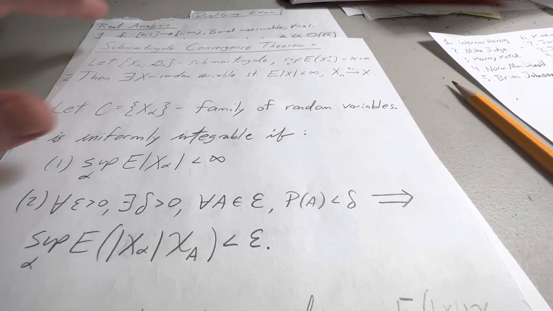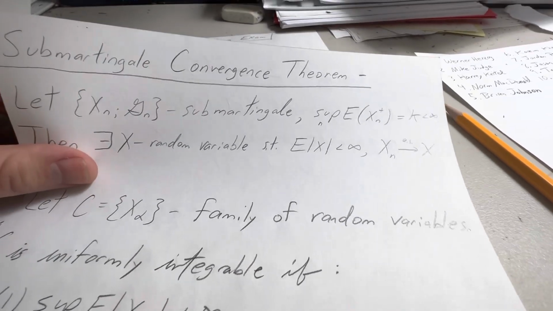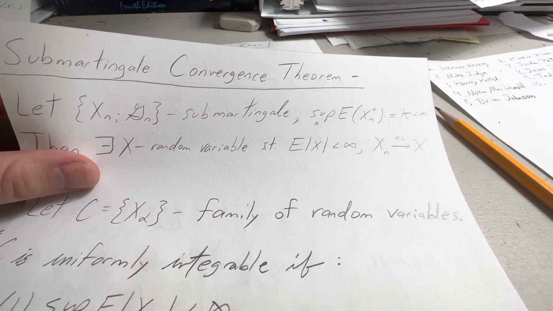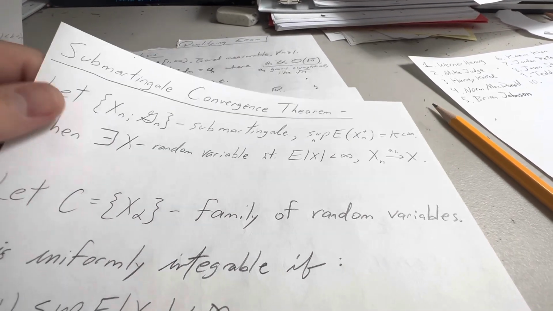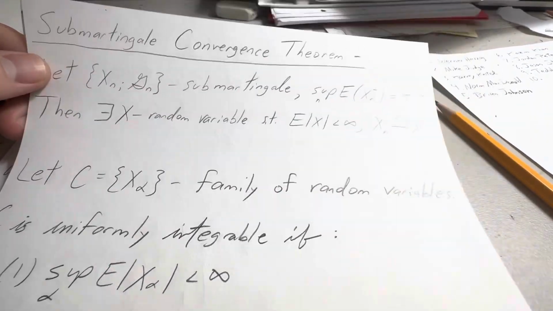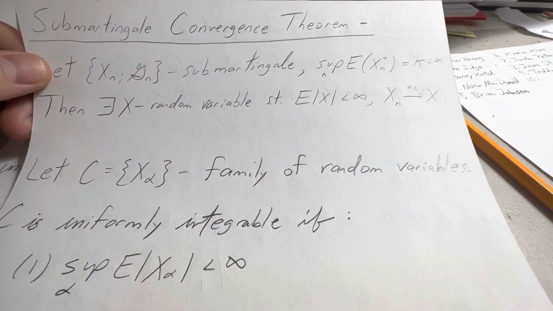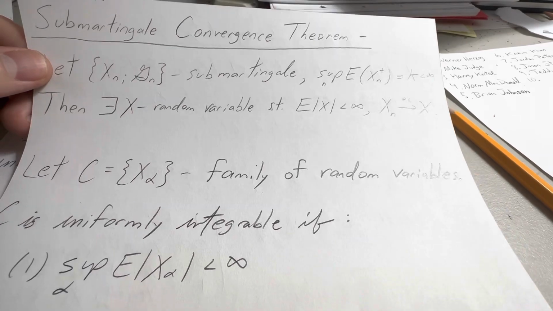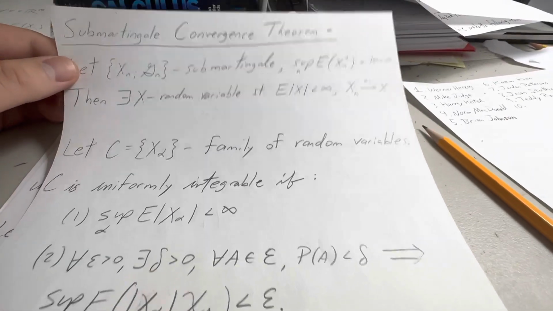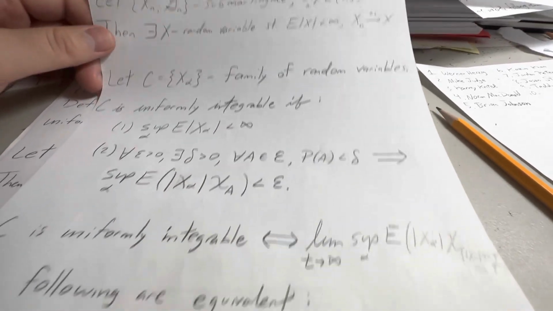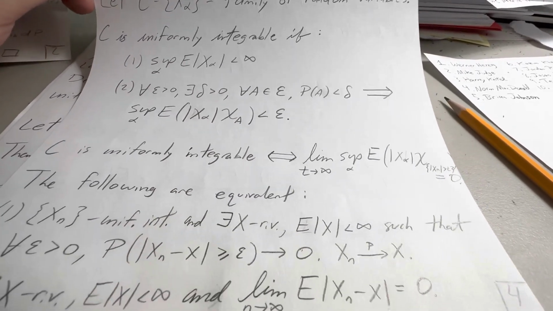We have the sub-martingale convergence theorem, where we have a sub-martingale, and we know that the supremum of Xn plus is bounded by k for all n, so they're all bounded. Then there exists a random variable X with finite first moment such that Xn converges to X almost surely. Okay. And then uniform integrability shows up.